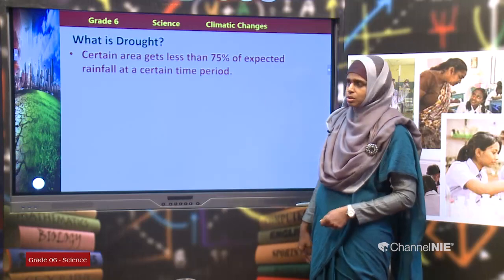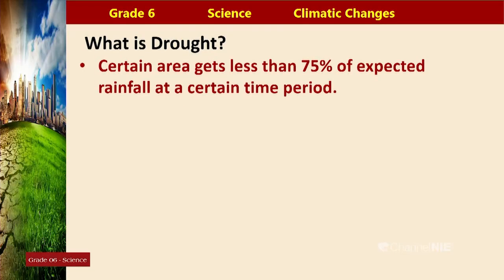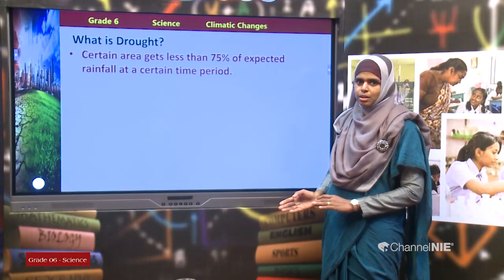So, what is drought? Whenever an area gets less than 75% of the expected rainfall, we call it a drought. Drought is defined in different ways in different places, children, right.